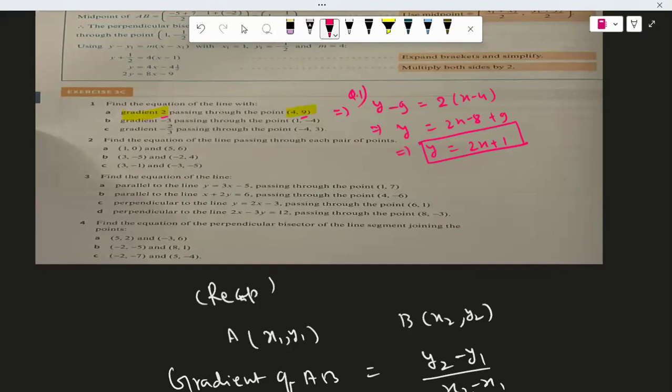Now, finding the equation of the line passing through each pair of points. Can you tell me which formula we will apply on this?